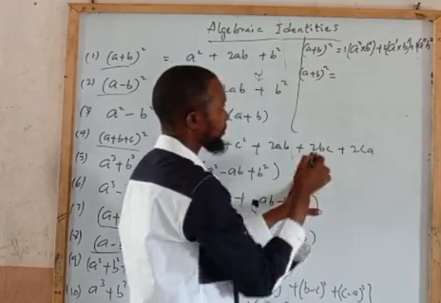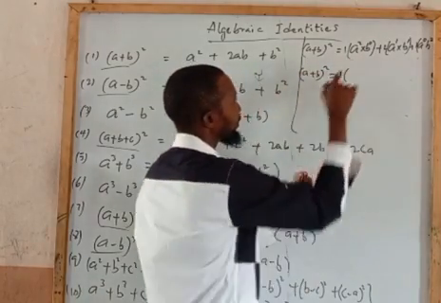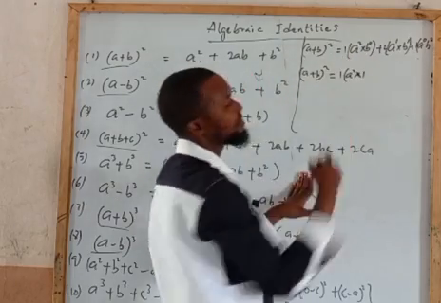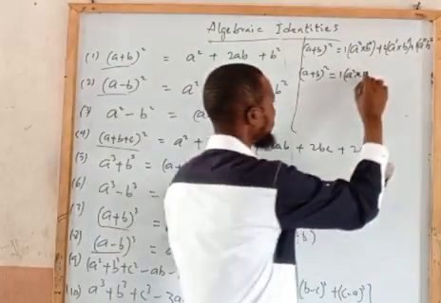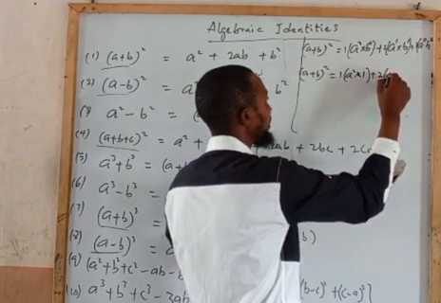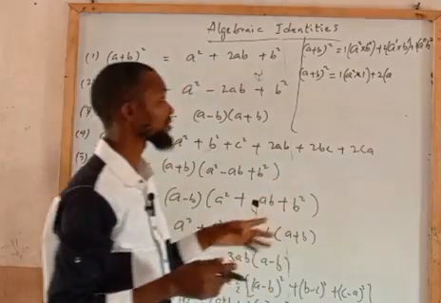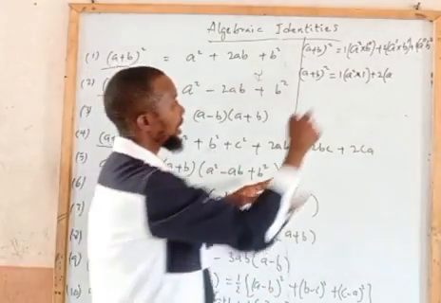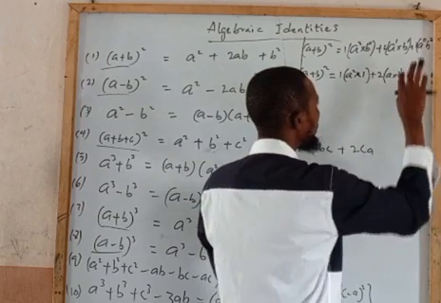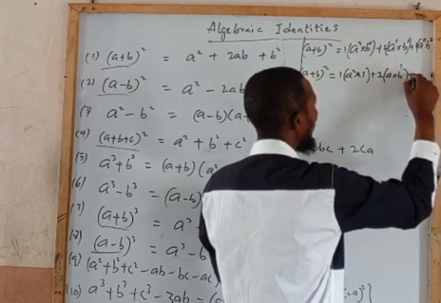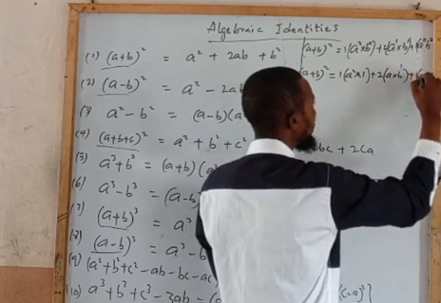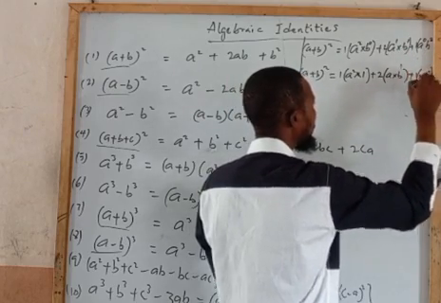we're now going to simplify. So I have 1 into a raised to power 2 times 1, since anything raised to power 0 gives 1, plus 2 into a raised to power 1, which is a, because it's the same thing as writing a once, and b raised to power 1 as well becomes b. And I can now say plus 1 into a raised to power 0, which is 1, multiplied by b squared.